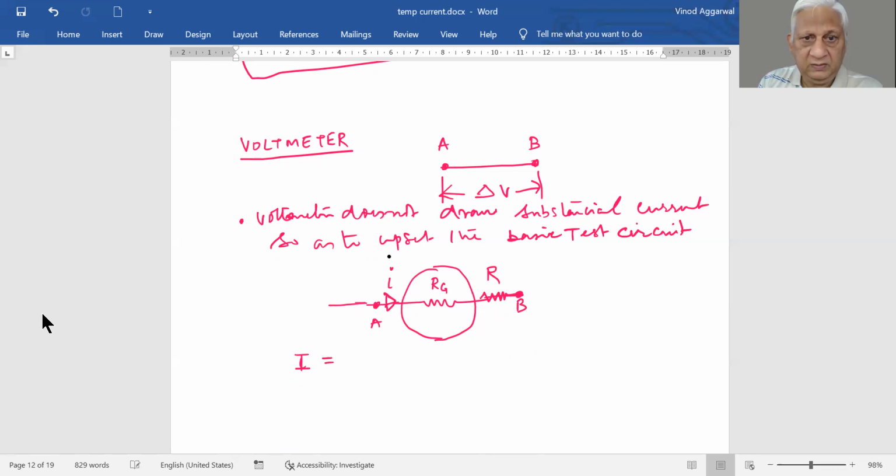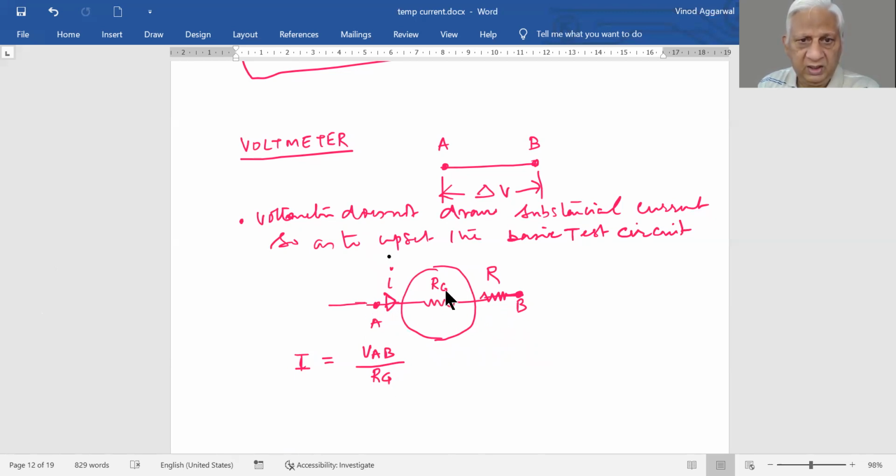This will be equal to the voltage difference. The current through the galvanometer is given by the voltage difference that we are trying to measure divided by the total resistance.